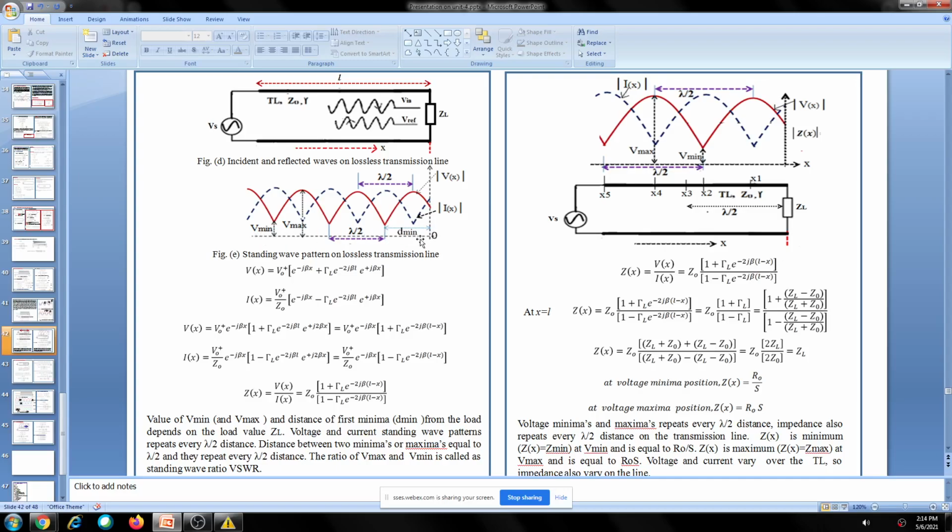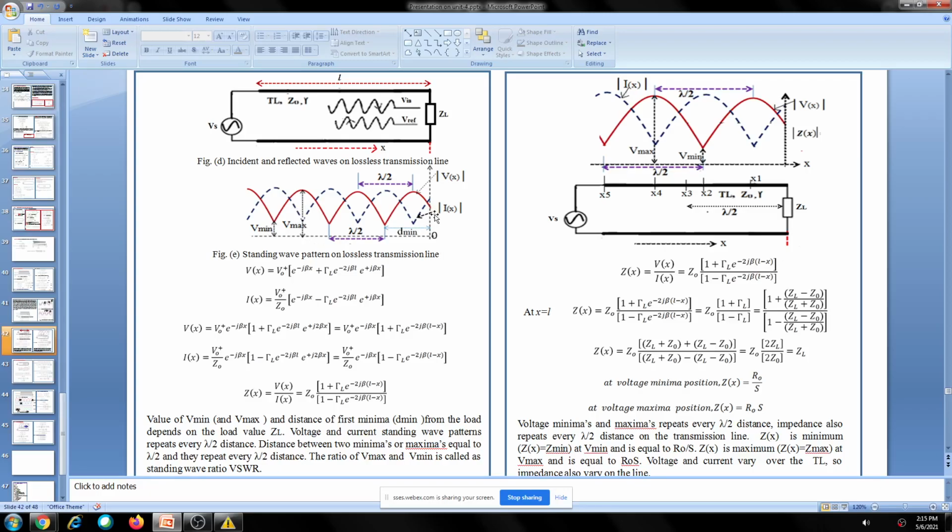You see here, this is the voltage. Zero is here, but this minimum is not coinciding with 0, because the load is not a short or an open. Open and short have a minimum equal to 0, but for other loads the minimum is not coinciding with 0. It takes some value, from here to here, and the maximum is some value here.